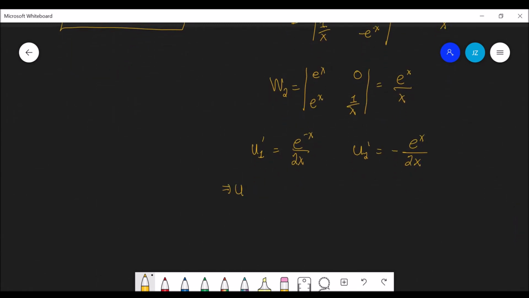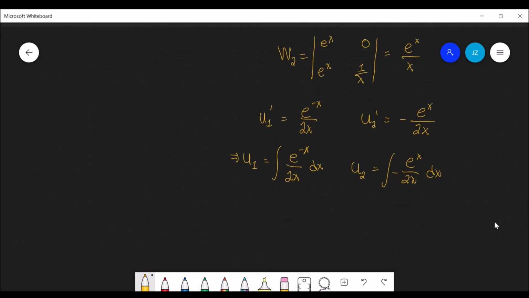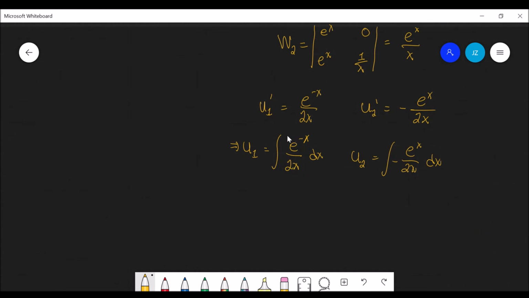This, of course, means that u1 is the integral of e to the minus x over 2x. u2 is the integral of negative e to the x over 2x. Now these are non-elementary, right?